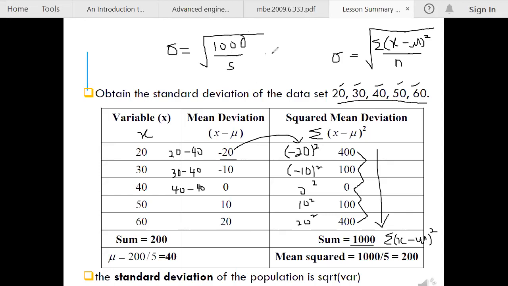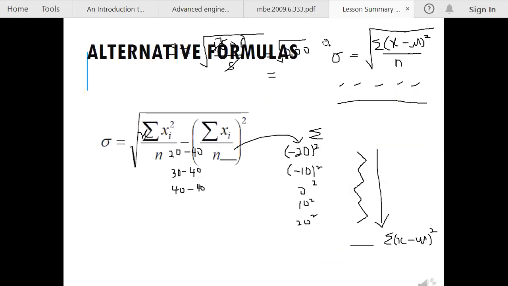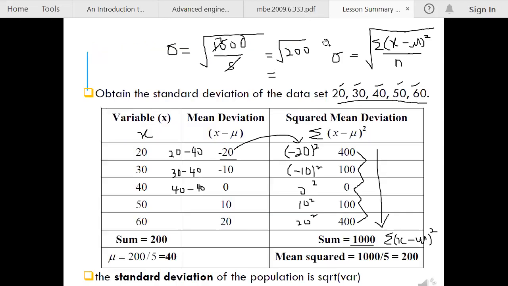So this will be the square root of 1000 divided by 5. 5 goes into 1000 200 times. And the square root of 200 is for you to calculate for me. So square root of 200, what are we getting? 14.142.